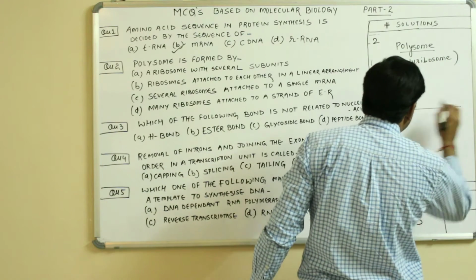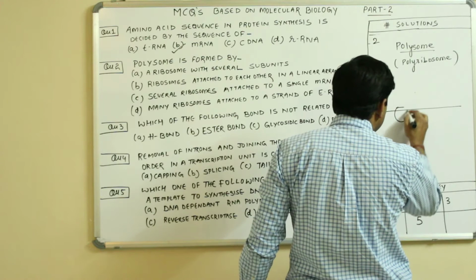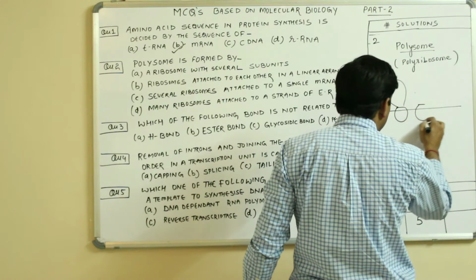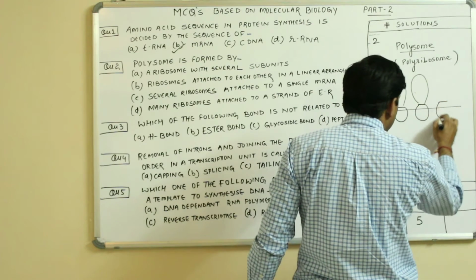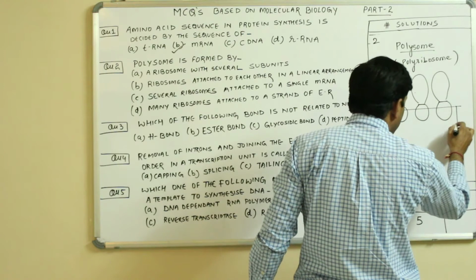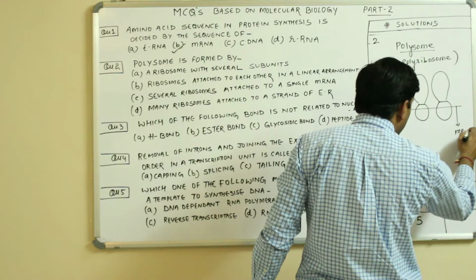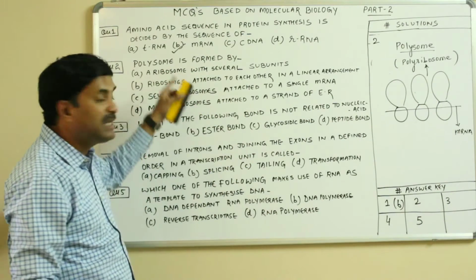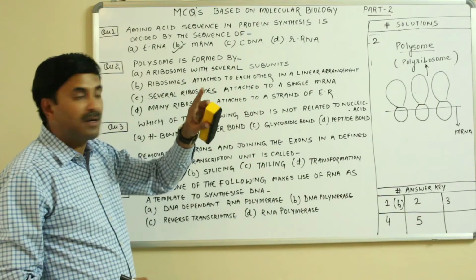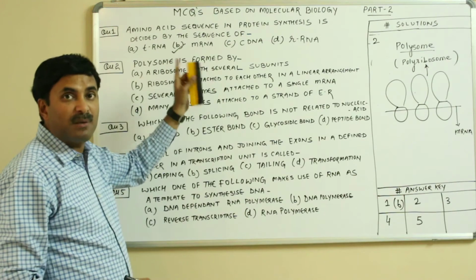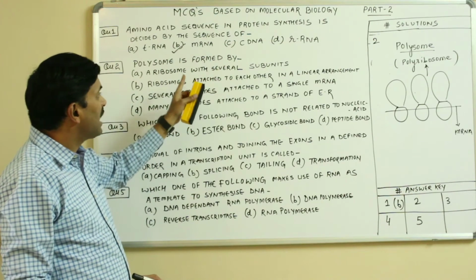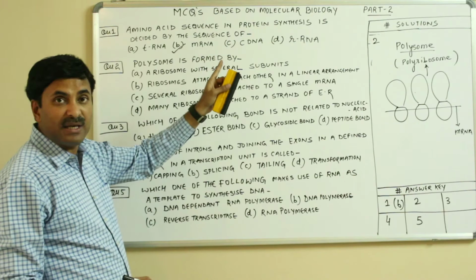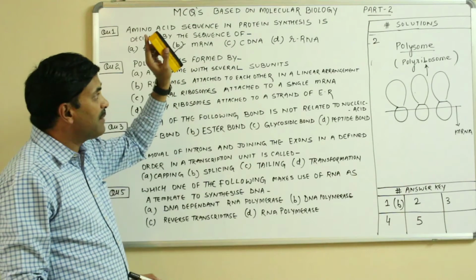So this is the mRNA, and attached to this mRNA are many ribosomal units. These are the ribosomal units, and this is the mRNA. So this is a polyribosome. Poly means many, ribo means ribosomes, so many ribosomes are attached to each other on the mRNA.